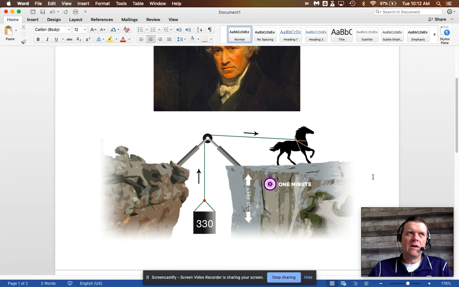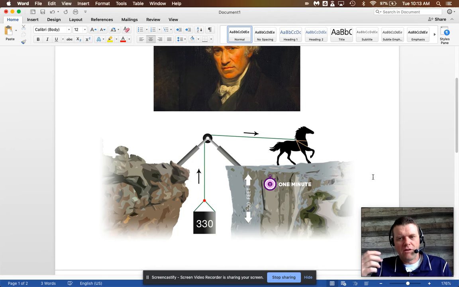Now, obviously, there's a ton of variables here because it depends on the size of the horse, and obviously the load could be kept the same. So it was an approximation, but it turned out to be a very useful measure of what became known as power output or power, because the horse would cause a change in the gravitational potential energy of the coal. It would raise it from the bottom of the mine shaft up 100 feet. So to do that requires work, and the horse did that in 60 seconds.